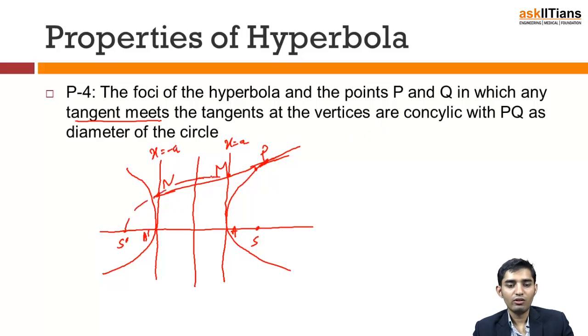These 4 points are always concyclic, they will always lie on one circle, where any tangent is intersecting the tangent at the vertex. So these 2 points, N and M, and S dash and S, both the foci, are always concyclic, so they will lie on a circle.